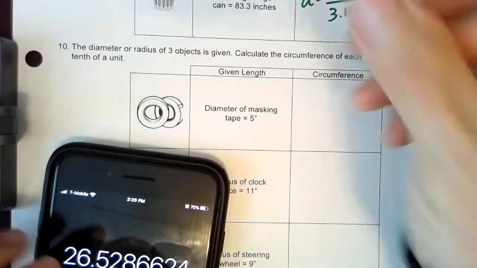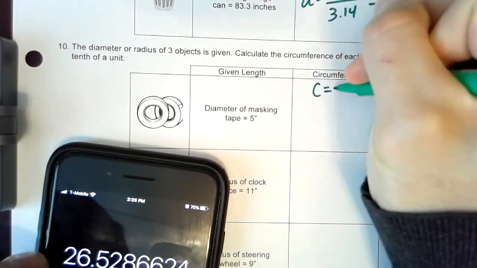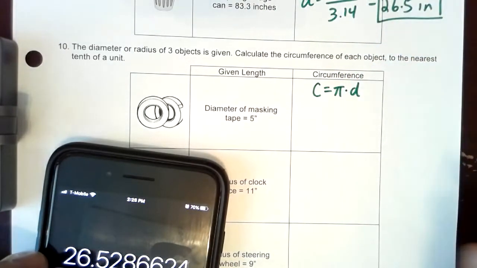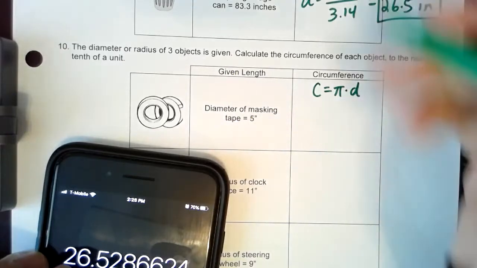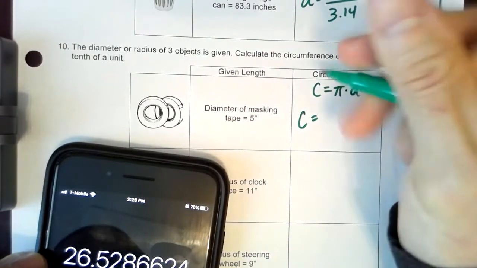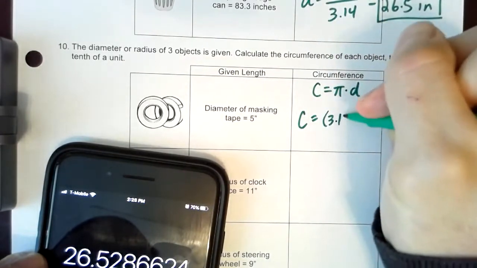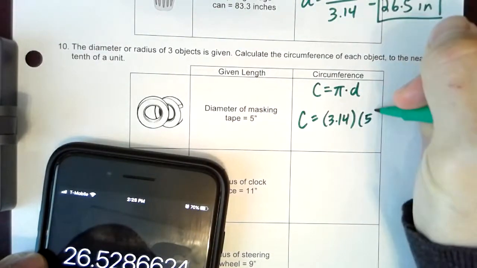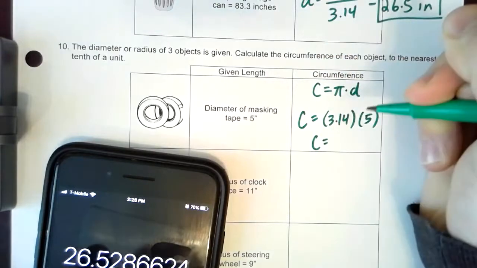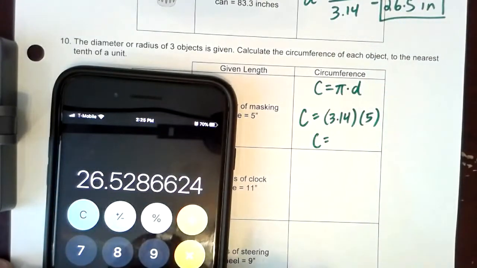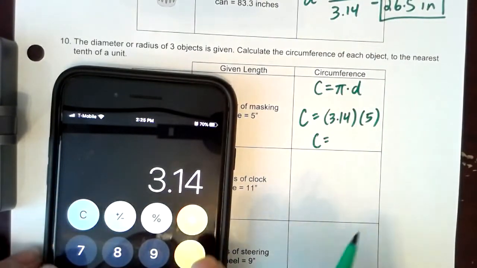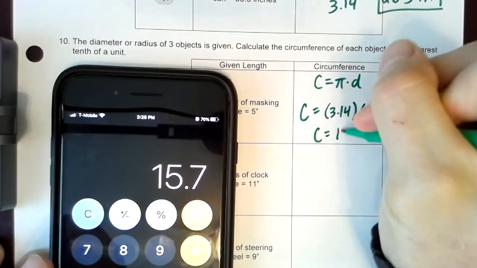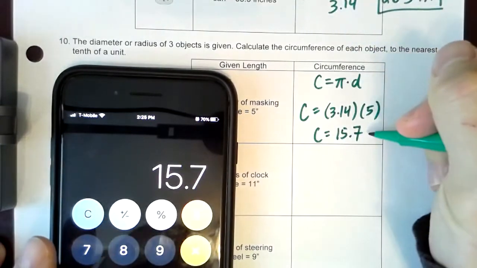That's also decently easy. So we always want to write down the original formula, C equals pi times D. And in this case, we're going to use 3.14, which is pi, times the diameter, which is 5. C is going to equal 3.14 times 5, which is 15.7 inches.